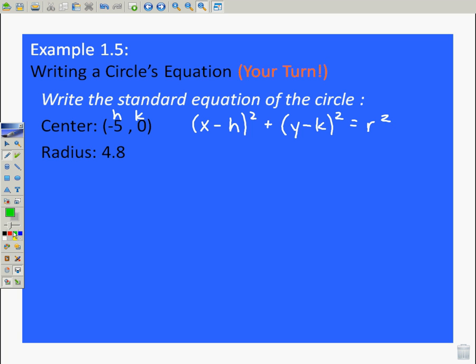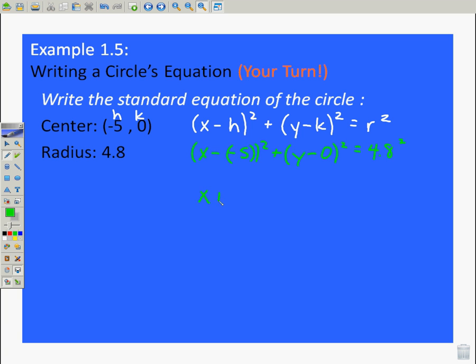So then when I go back and I fill in what I know, I've got h is minus 5. So I've got x minus a negative 5 squared plus y minus 0 squared is equal to radius squared, which is 4.8 squared. Okay? And so when I do this, I bring it down.